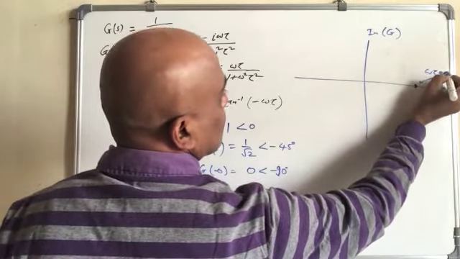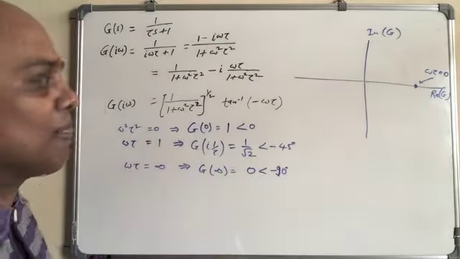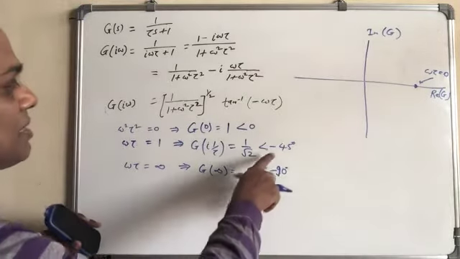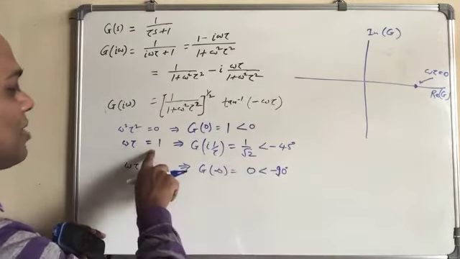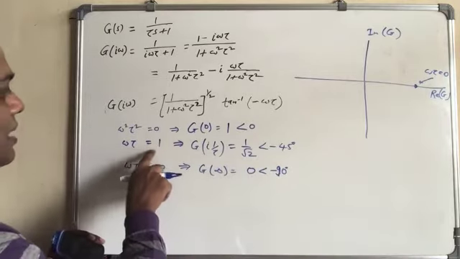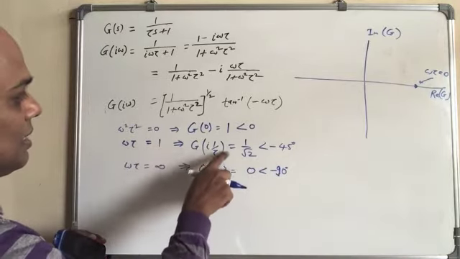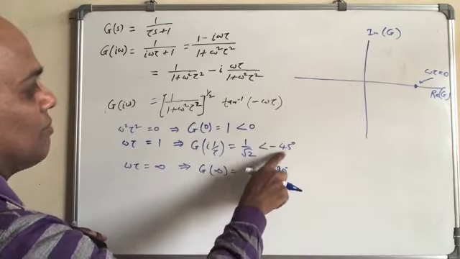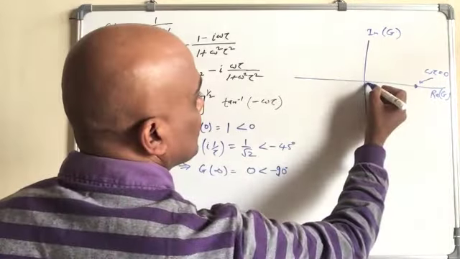Next is minus 45 degrees when ωτ equal to 1, where we have 1 over root 2 and minus 45 degrees.